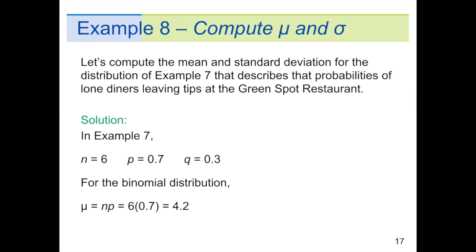Let's compute the mean and standard deviation for the distribution of example 7 that describes the probabilities of lone diners leaving tips at the Green Spot restaurant. In example 7, we had n equals 6, p equals 0.7, and q equals 0.3. For the binomial distribution, mu will be n times p, so 6 times 0.7, which is 4.2.